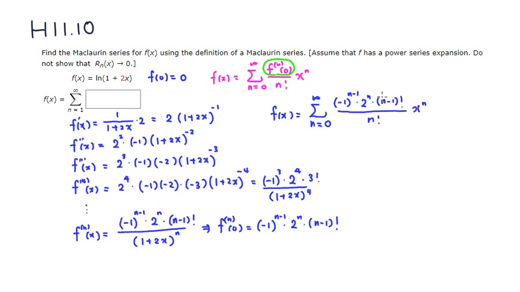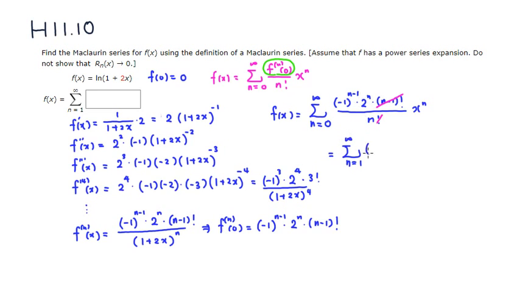You can cancel n minus 1 factorial, since n factorial is n times n minus 1 factorial. When n equals 0 the term is 0 anyway, so we start from 1. It doesn't make any difference.